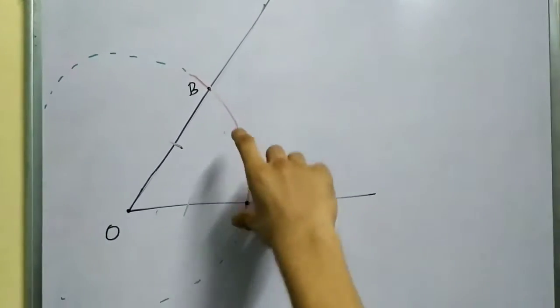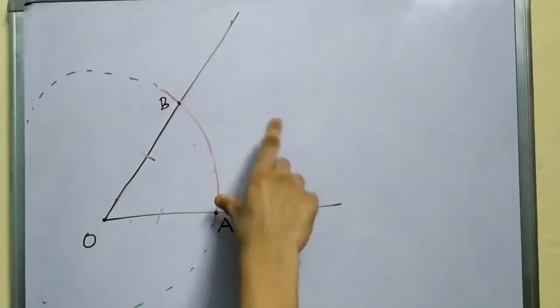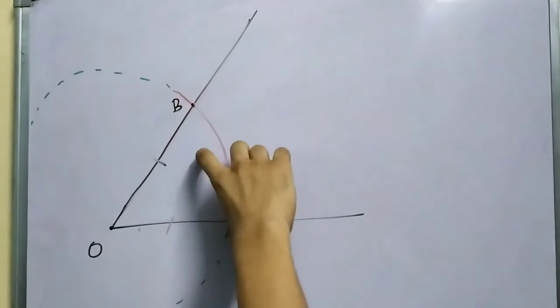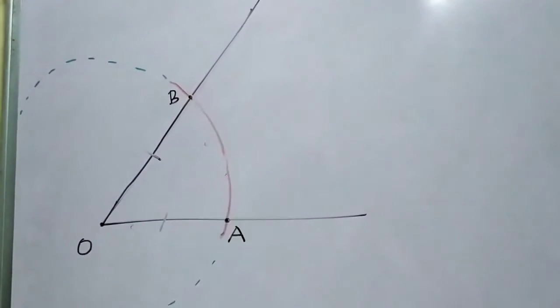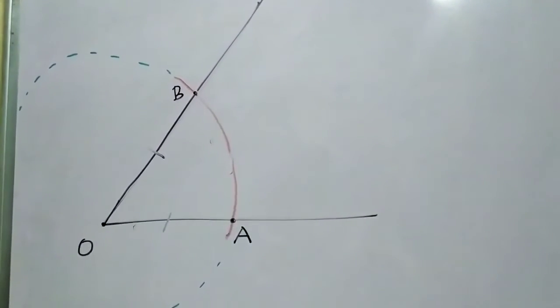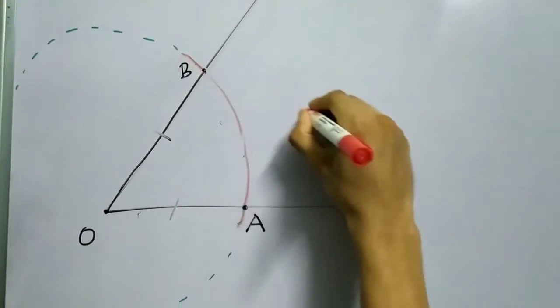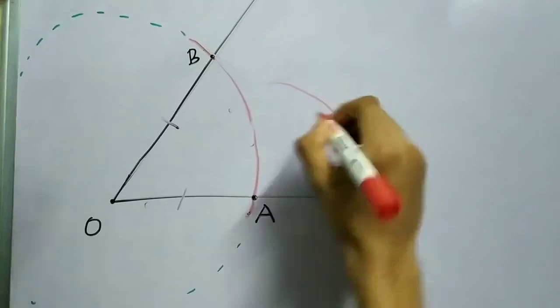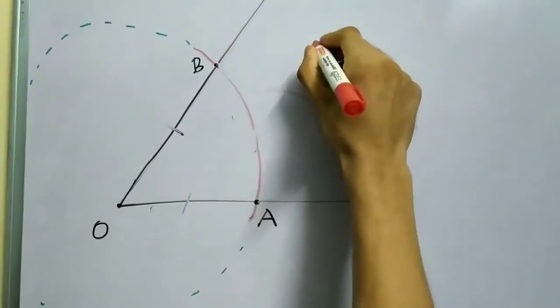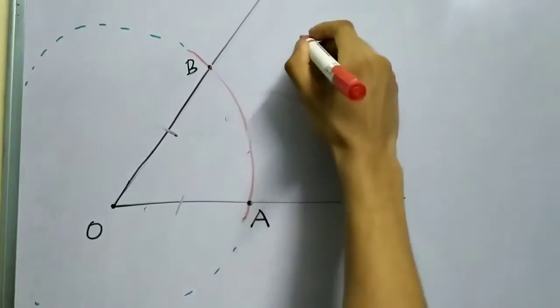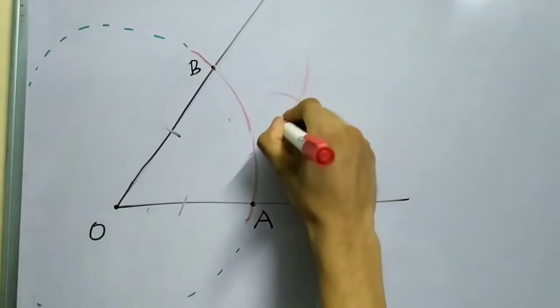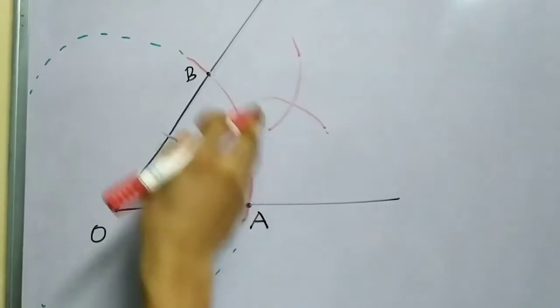Now the second step was to create arcs which are greater than half of AB, that is making these arcs. We did this one from A, and this one was done from B.